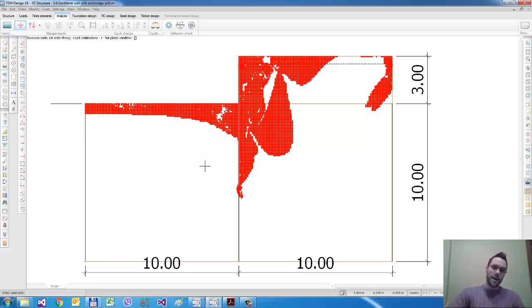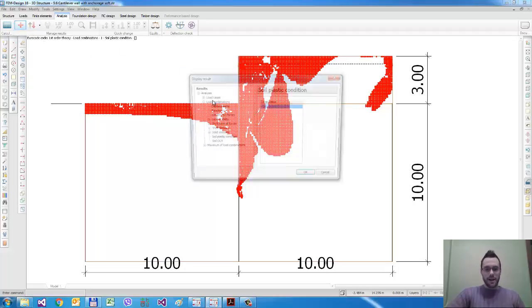So you can see here that at the underside of the wall, so here the lower part of the wall, we have no passive earth pressure at all, and we have also an active and a mixed zone here, because the rigidity and the displacement of the wall affect the final plastic and active earth pressure distribution.